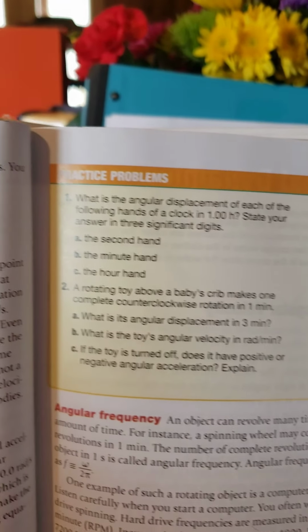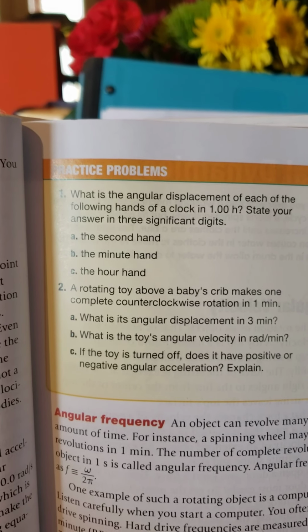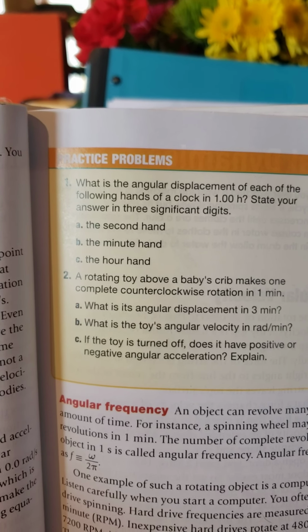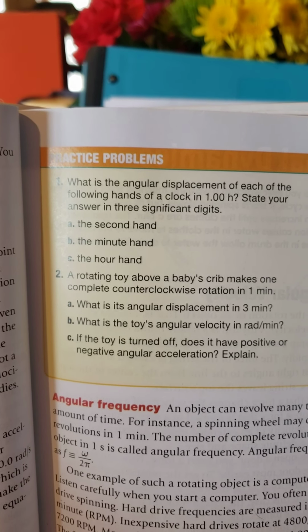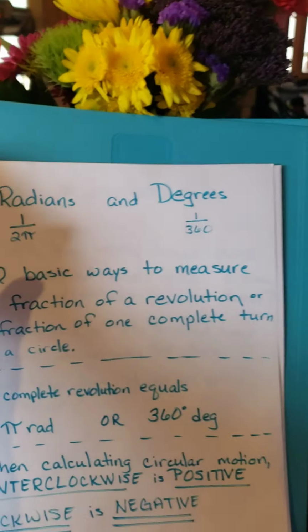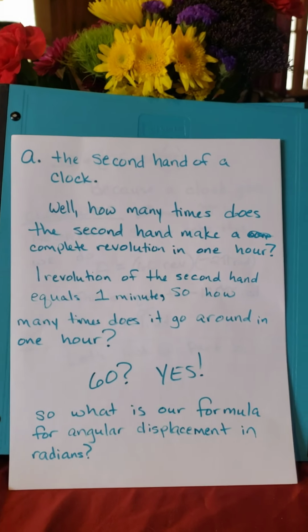Number 1 asks: what is the angular displacement of each of the following hands on a clock in 1 hour? You'll need to state your answer in 3 significant digits. Let's look at part A, the second hand of a clock.